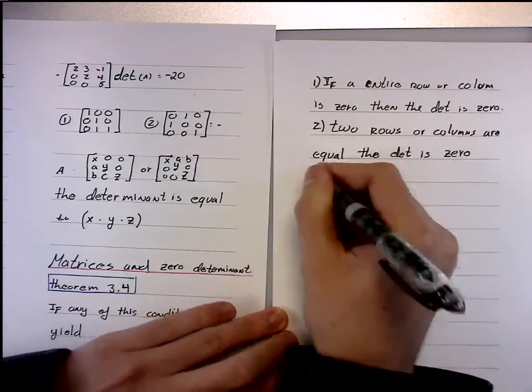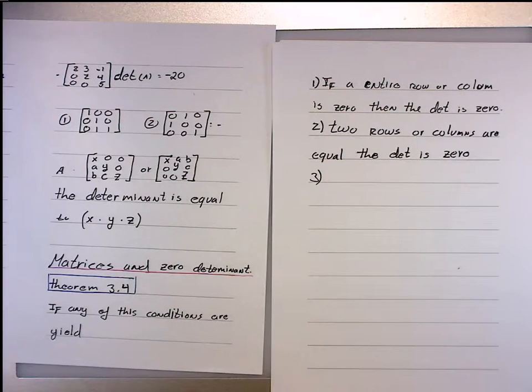And then the last condition is if one of the rows is a multiple of any other row, you still get a zero. So it's kind of the same as if they're equal, but you multiply them.